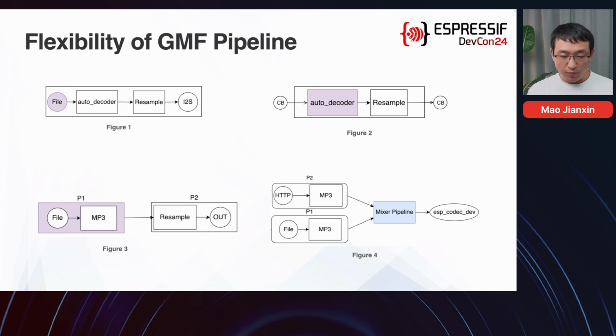The third diagram illustrates a pipeline split into two parts, connected by a ring buffer in the middle. The fourth diagram shows two pipelines connected to a mixer pipeline, used for multi-channel mixing with a single output.